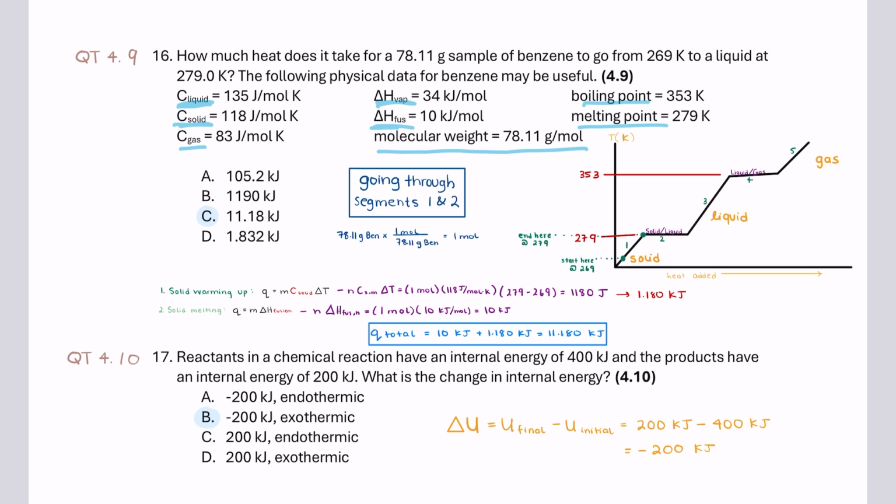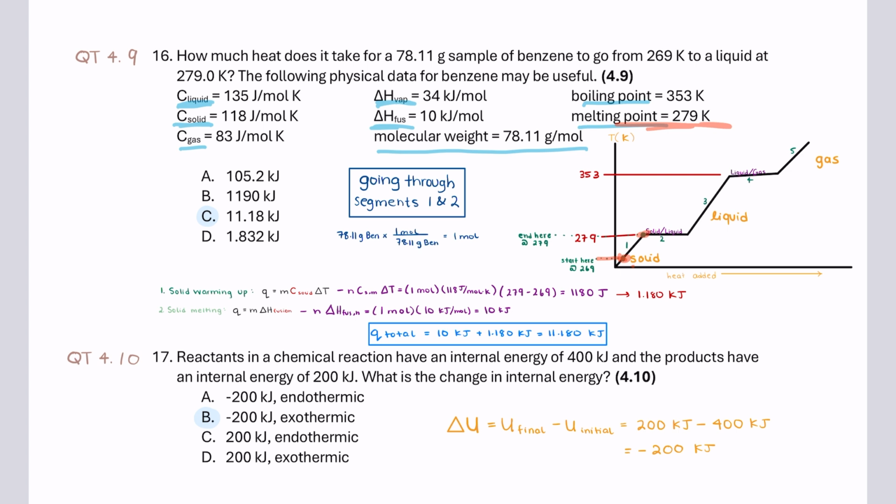Let's begin by identifying what phase changes or temperature changes are taking place. We're starting at 269 Kelvin, which is below the melting point of benzene. And then we end right at 279, which is exactly at the melting point.